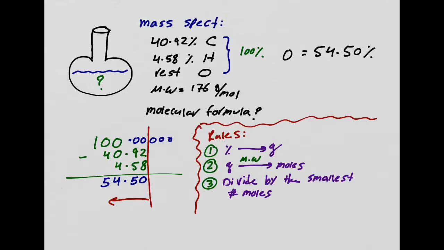And when you do this, so percentage to gram to moles, using molecular weight, you divide by the smallest number of moles. When you do that, what you end up getting, this is not a smiley face, this is an arrow, is a ratio. And what is this ratio? This ratio is my empirical formula.